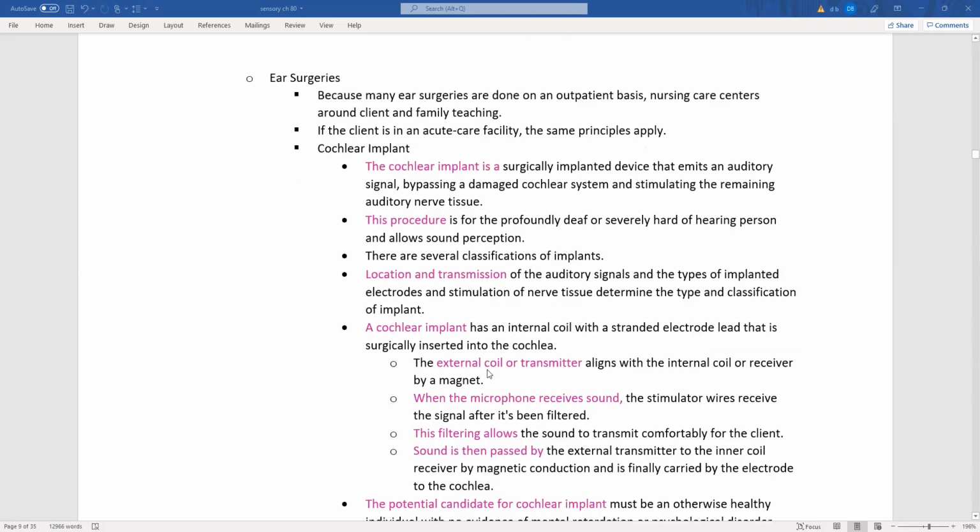I'll probably send out a video. I'm going to try to watch a video on this because this is telling us what it does. When the microphone receives sounds, the stimulator wires receive the signal after it's filtered.